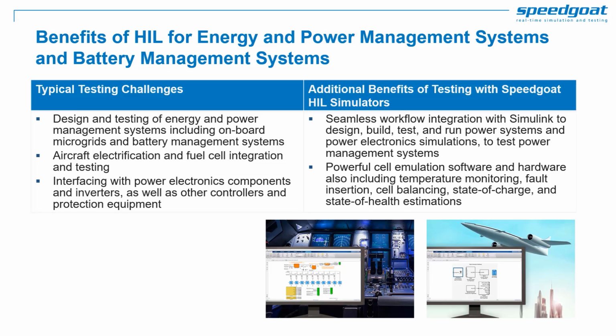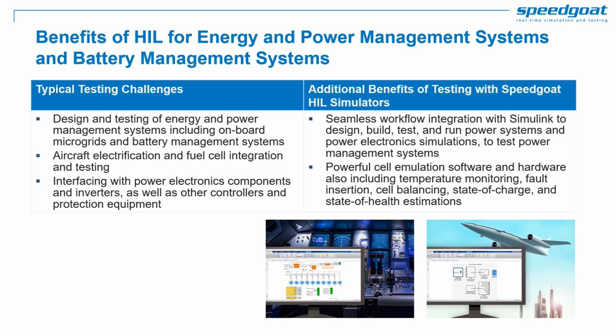Also, the interfacing with power electronic components and inverters is a demanding task. As mentioned earlier, the seamless workflow integration with Simulink to build, test and run power systems and power electronic simulations enables you to test power management systems. Using Speedgoat, you can perform battery emulations for up to 320 cells and state of charge and state of health estimations.